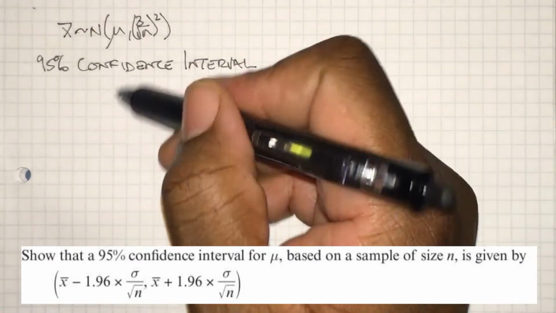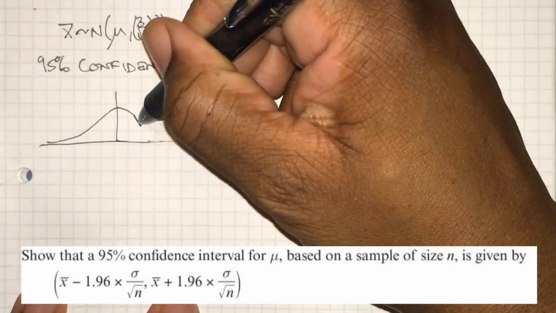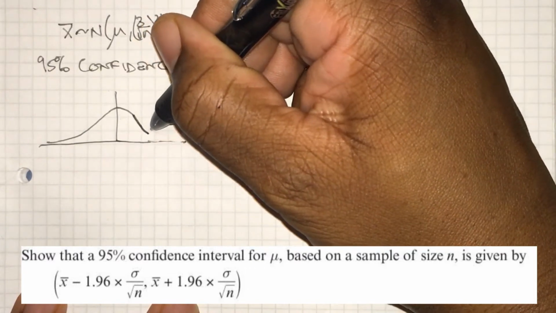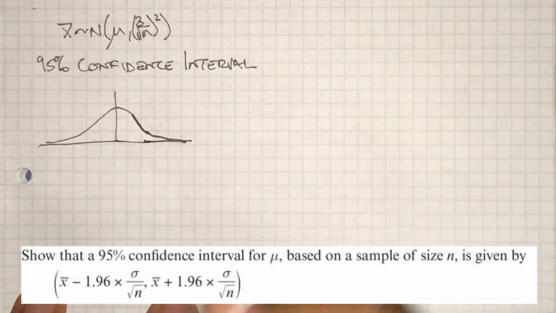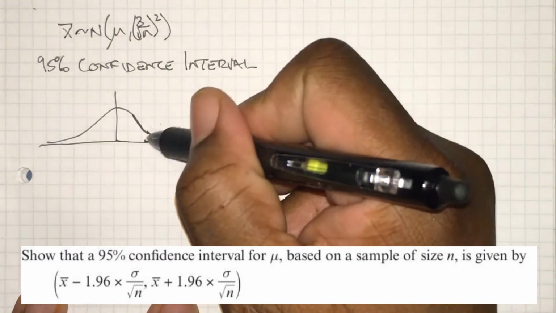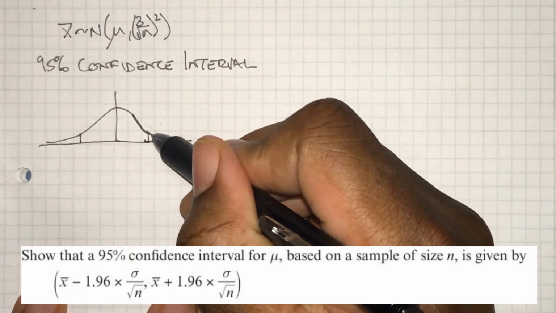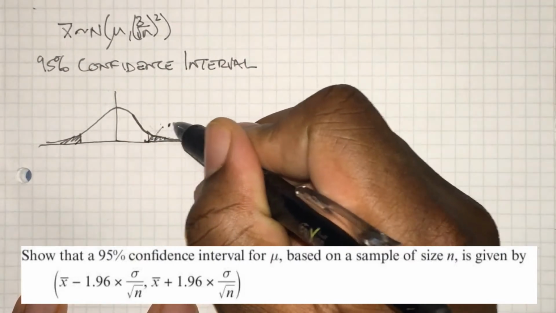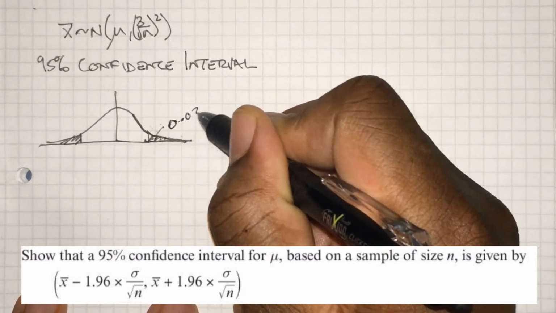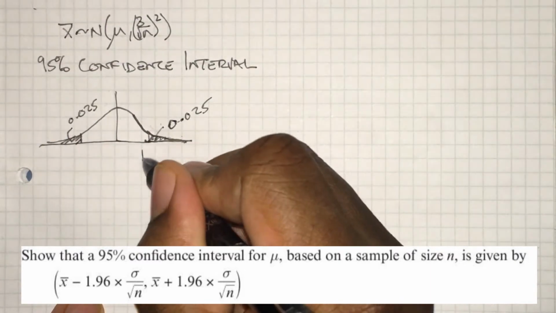I've started with x-bar following this normal distribution because we know by the central limit theorem that x-bar is going to follow a distribution that has the same mean but a standard deviation of sigma over root n. Our 95% confidence interval is going to use the z-scores that represent 2.5% in the right tail and 2.5% in the left tail.